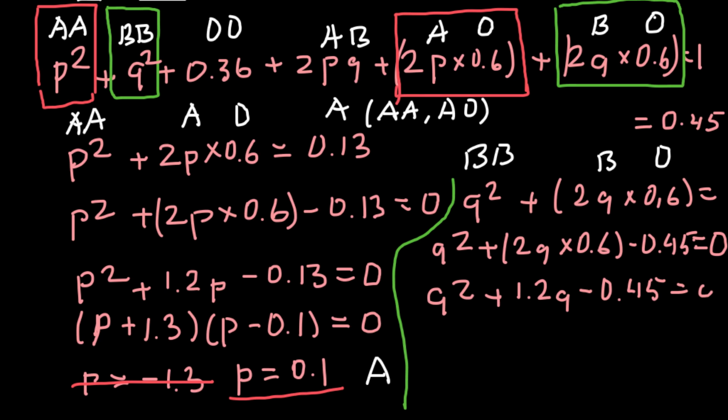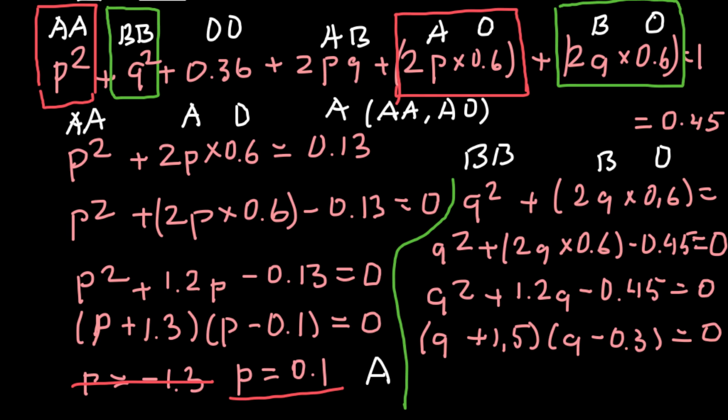equal to 0. So once again, simple algebra, this would equal to (Q plus 1.5) multiplied by (Q minus 0.3) and would equal to 0.